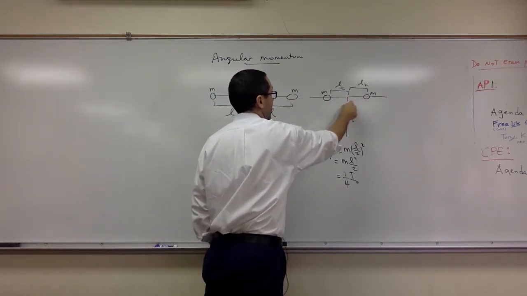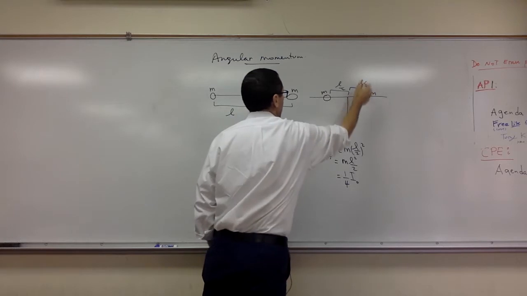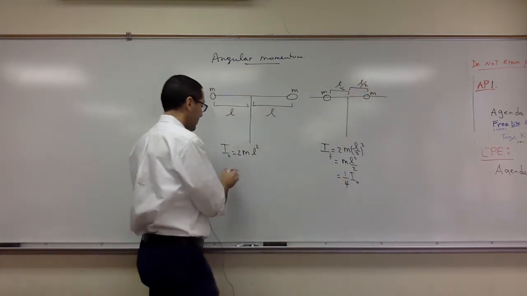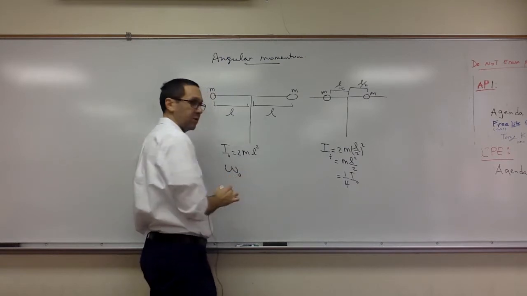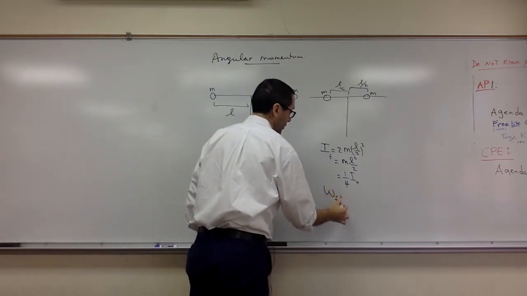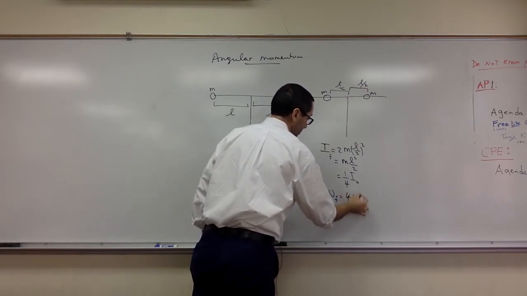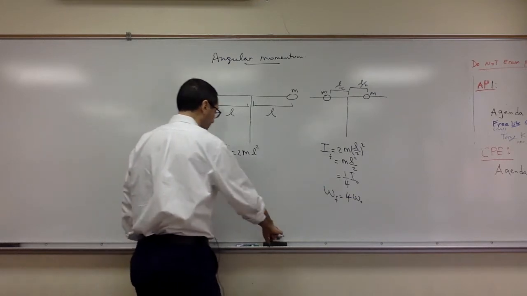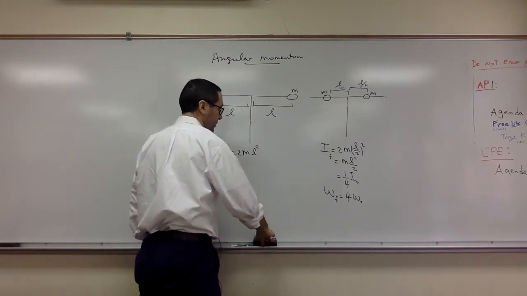So if I came 1/3 of the way, this will be 1/9. Which means if I was going at a speed of omega initial here, my final speed will be 4 times as much. Now that's conceptually. I think you can do the math here, and let's see what the math gives us.